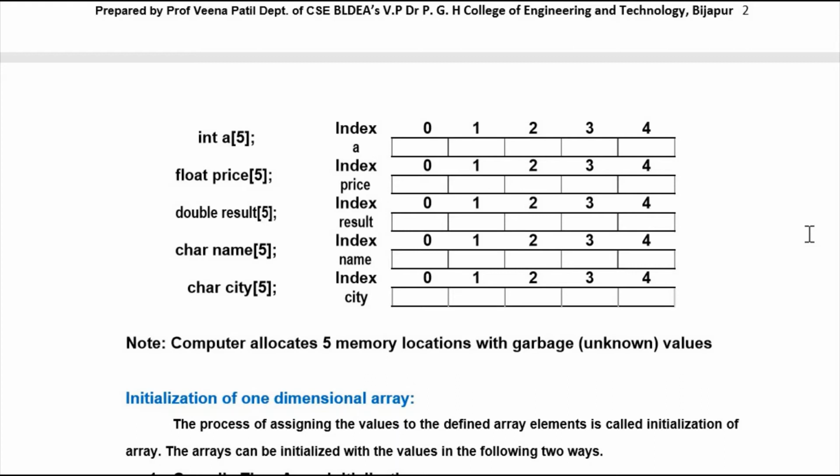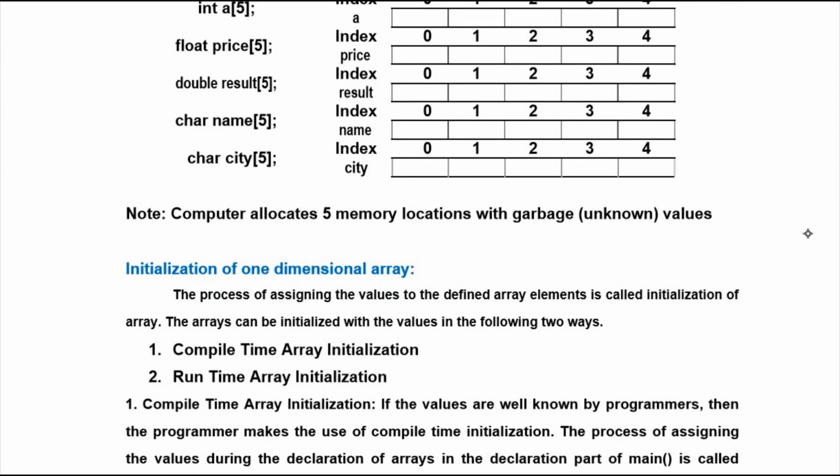Similarly, we can declare double, character. Okay. What you need to note is that the computer allocates 5 memory locations with garbage values. Whenever I declare an array, what are the contents of this array? They are unknown values, which we call garbage values. Okay.